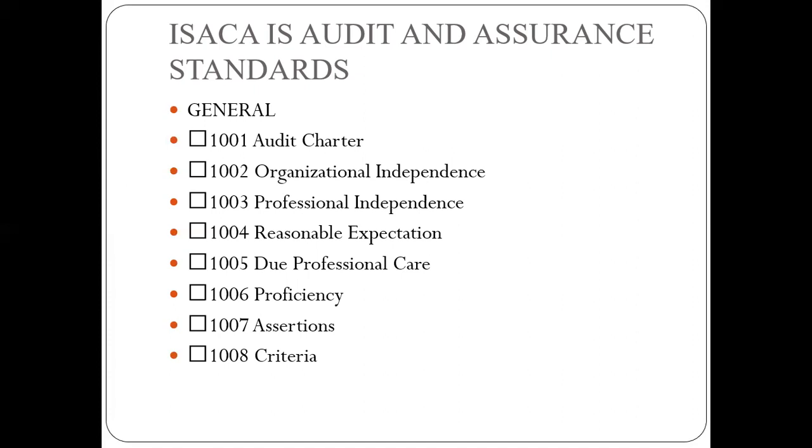Sometimes the audit criteria may be internal, might be the internal policy of the organization. For example, a password policy might say the password should be a minimum of so many characters in length.